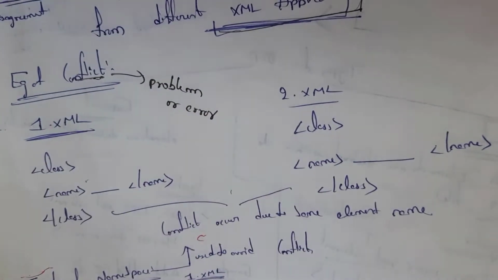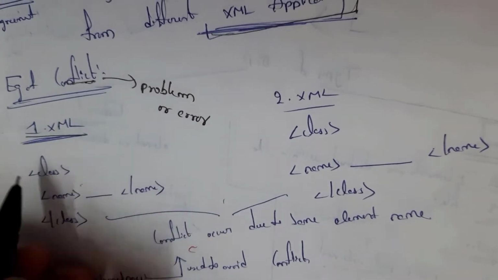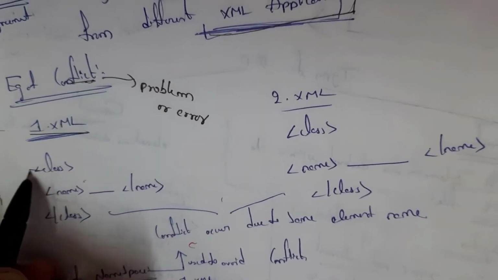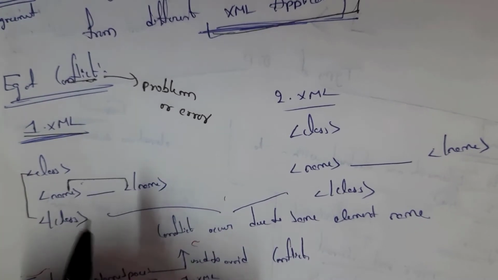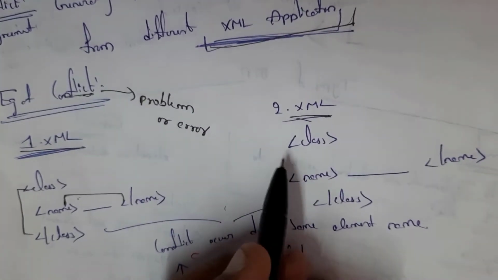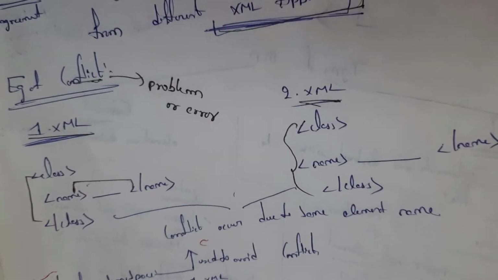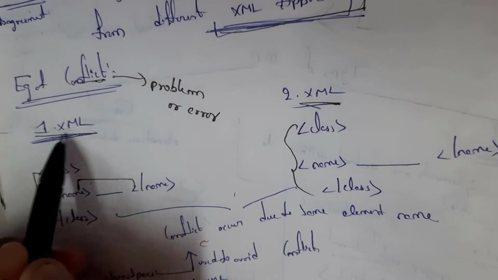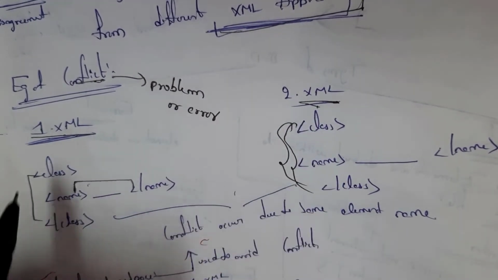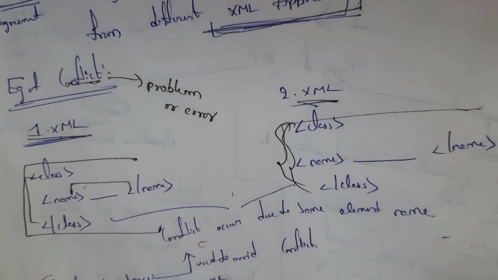See how this error occurs. First, there is one XML document, that is class, and inside class there is name. And similarly there is another XML document. It is also the same as this XML1 document. Both XML1 and XML2 are the same. It contains class, name. Similarly this also contains class and name.